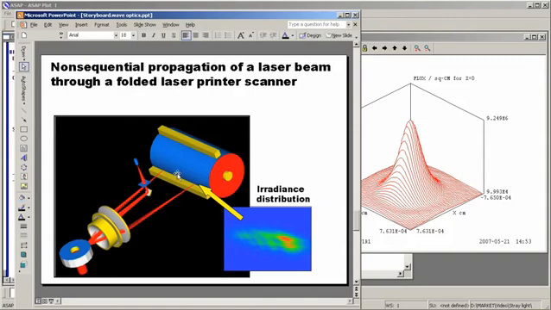What we find here is that ASAP does its normal non-sequential propagation for the light, but because we're doing wave optics, when we look at the irradiance distribution on the drum, using the method that we saw for our simple mirror example, we get something very complicated. Our point spread function is not a simple point or even a simple spot diagram, but rather a representation that includes diffraction rings around the focus.